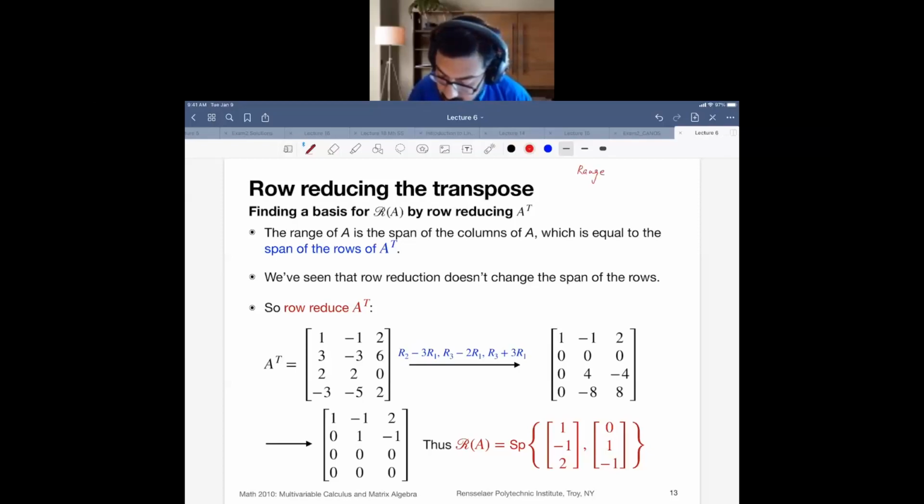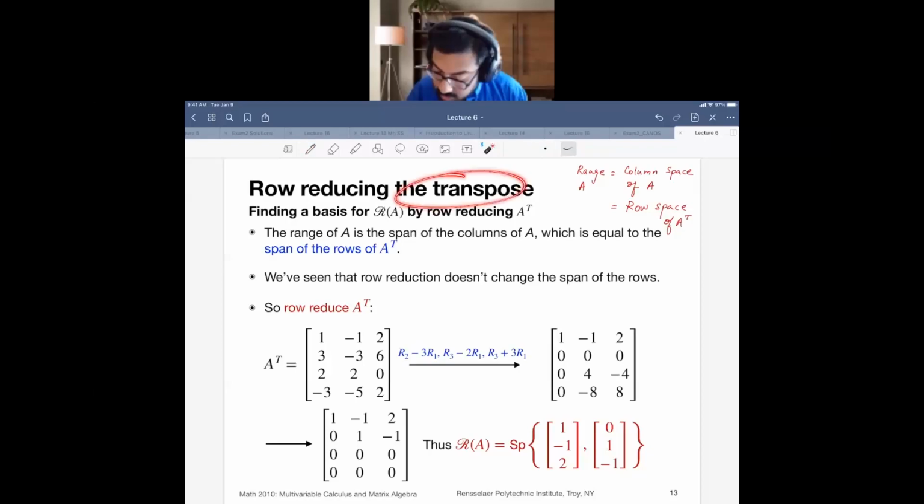Range of A is column space of A. So that means linear combinations of columns of A will define your range of A. So column space of A is also going to equal row space of A transpose, isn't it? If I switch the rows and the columns, then the column space of A will become the row space of A transpose.